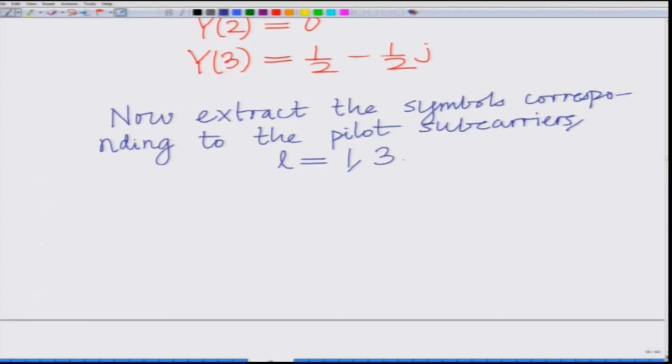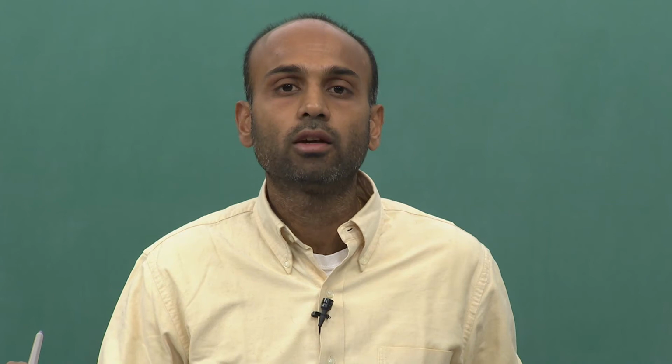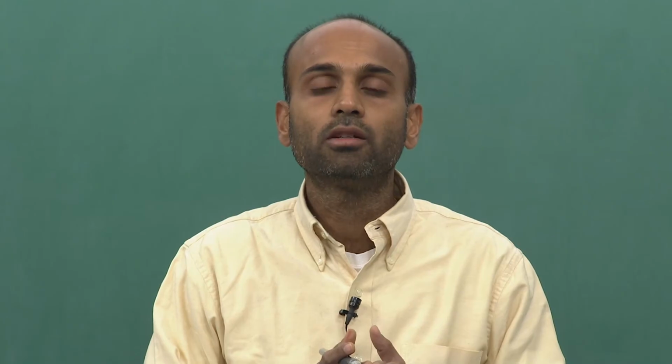Therefore, these are capital Y1 and capital Y3. Since the pilot symbols are transmitted on subcarriers 1 and 3, the symbols corresponding to these subcarriers are capital Y1 and capital Y3. We use these only for the purpose of channel estimation, because these are the pilot subcarriers.